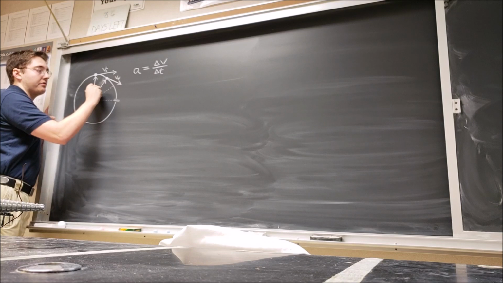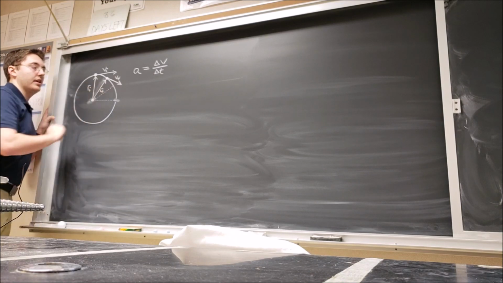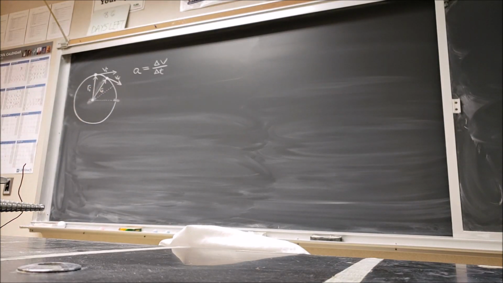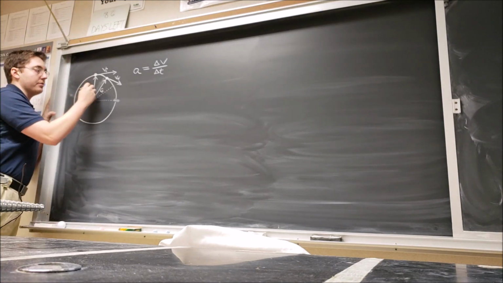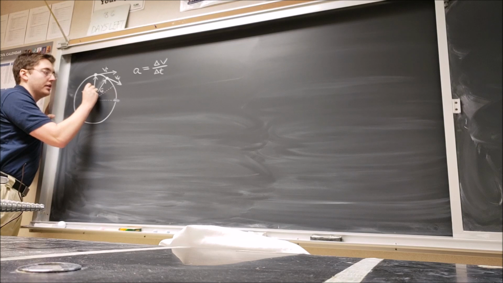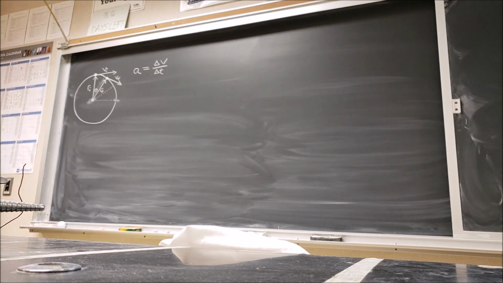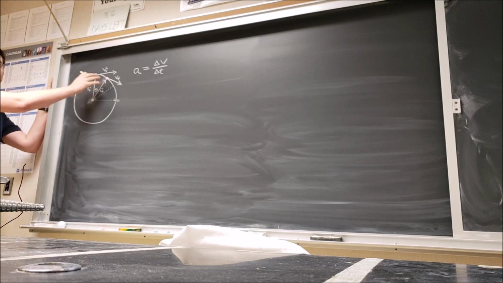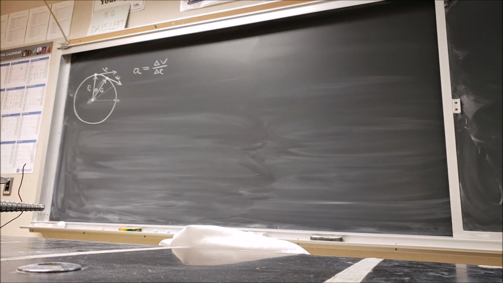Now we have some sort of a final location on the circle, right? And in that amount of time, we traveled a certain angle there. So we can put an angle right there. And that angle corresponds to a certain arc length right here. So we traveled a certain amount of angular displacement in that amount of time.